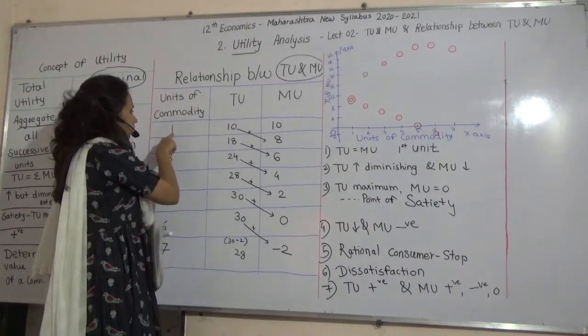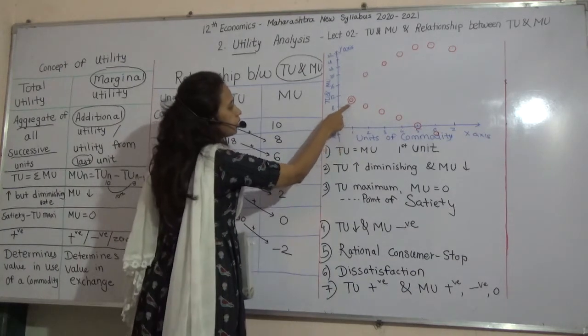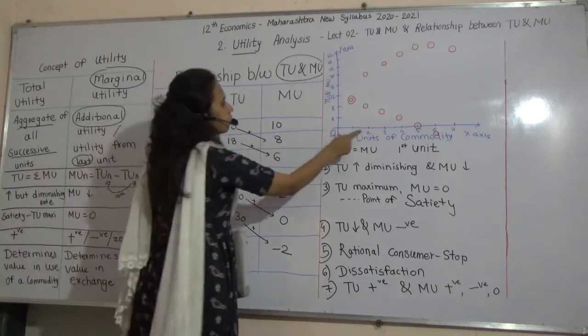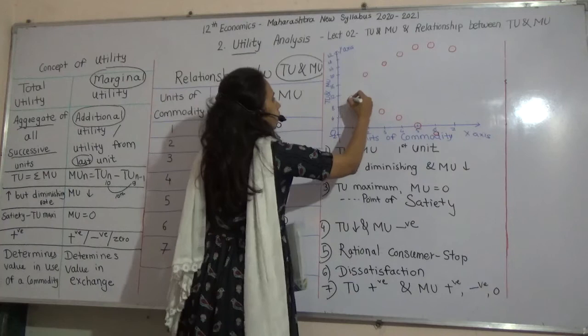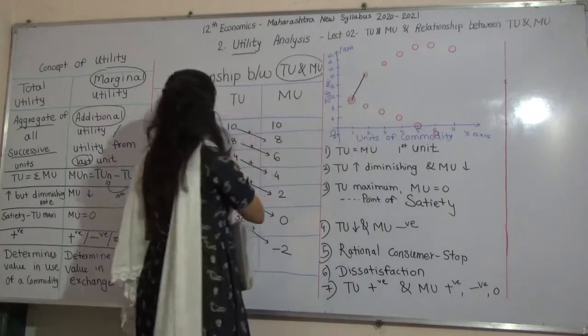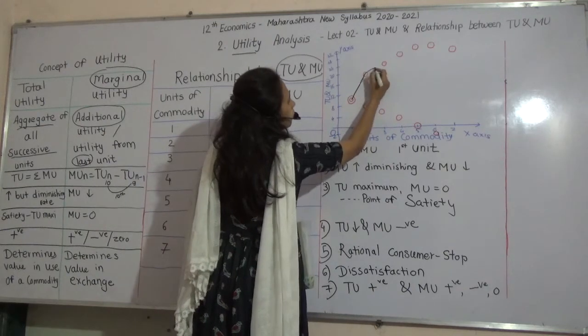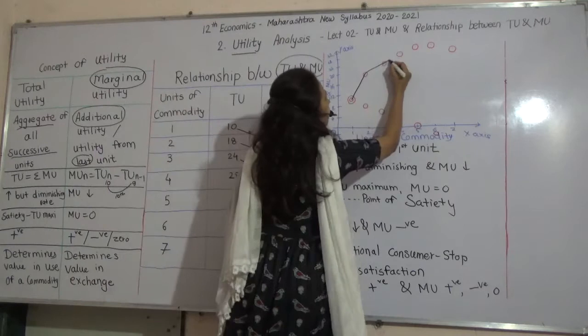First see, for the first unit TU is 10. For the second unit TU is 18. I am just joining it now. Then for the third unit it is 24. Then for the fourth unit it is 28.